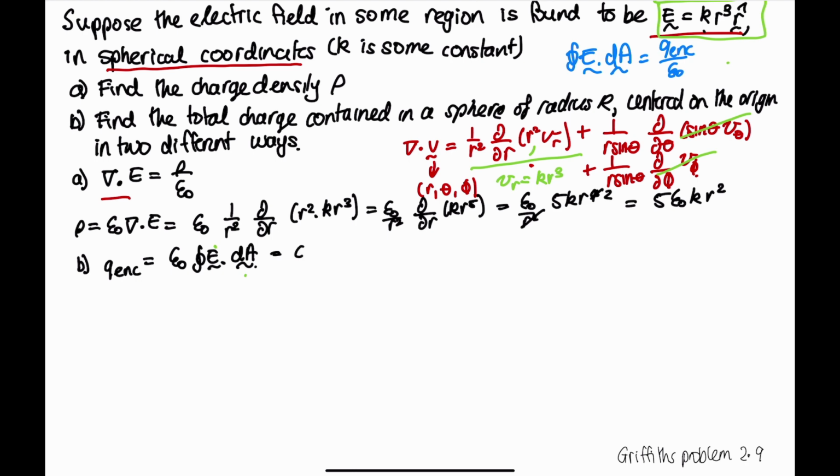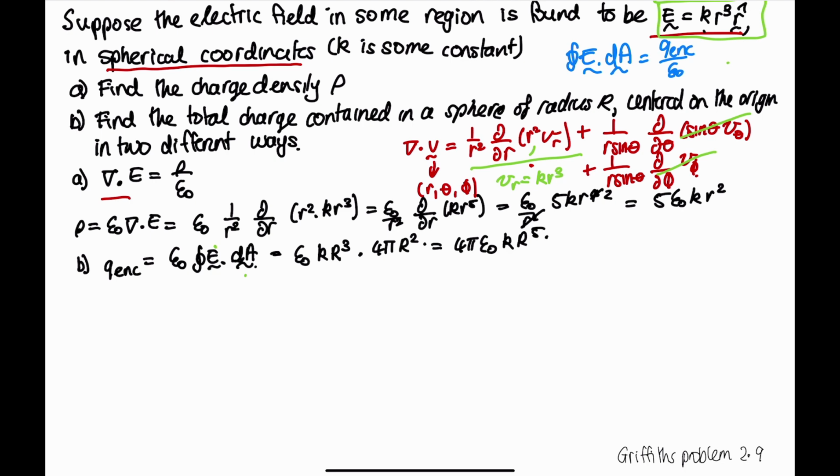So this is equal to epsilon naught times the constant value that it has over that surface, which is K R cubed, because this is at radius capital R, so we're just substituting that into our electric field there, times the area of that surface, which is 4 pi R squared. And we know that the electric field is radial, and our surface normal is also in the radial direction here. So this one gives us 4 pi epsilon naught K R to the 5.